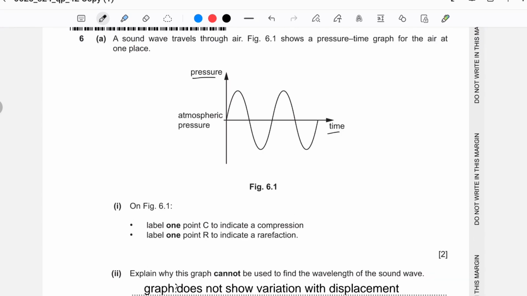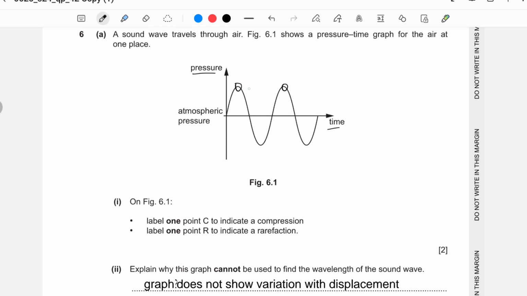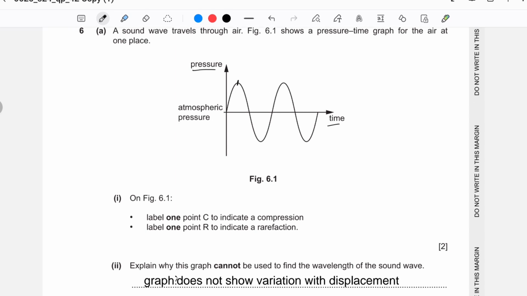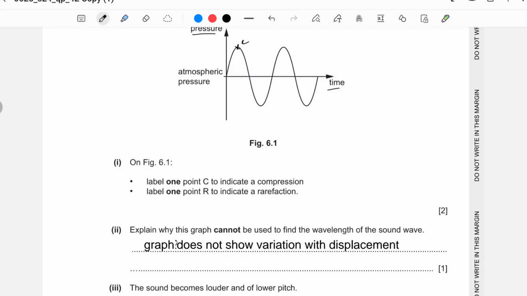Compression is the high pressure region, so here we have maximum pressure, so any one of these points we can mark as the compression. And rarefactions have the lowest pressure, so any of these regions can be labeled as the rarefaction.